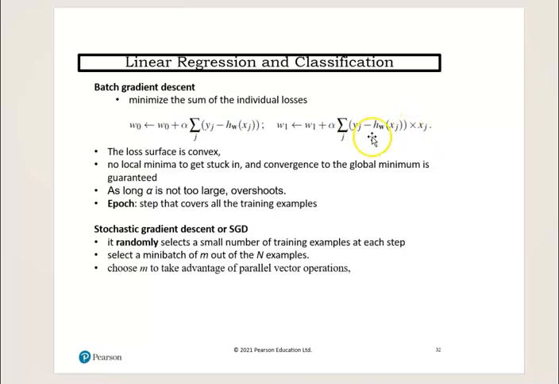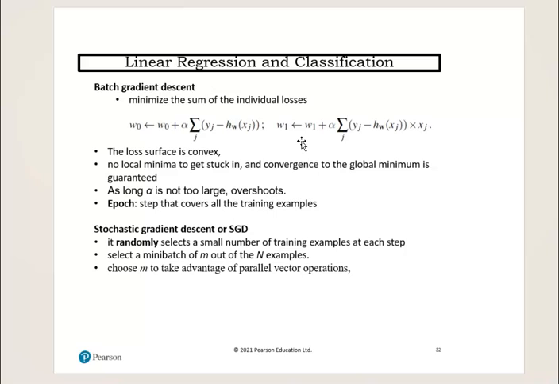And for w1, we multiply y_j minus h_w times x_j. So the only difference between the two summations is that inside the summation we multiply by x_j, which is x at every data point. By doing this iteratively, w1 and w0 will get closer and closer to the optimum.